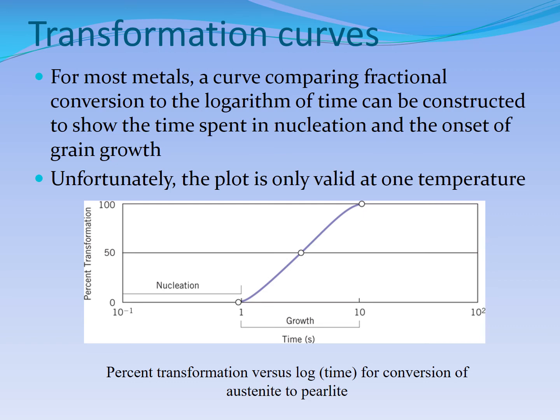So okay, back to our topic, transformation curves. For most metals, a curve comparing fractional conversion to the logarithm of time can be constructed to show the time spent in nucleation and the onset of grain growth. Unfortunately, the plot is only valid at one temperature. So this is very difficult and time consuming for the experimental materials engineer.